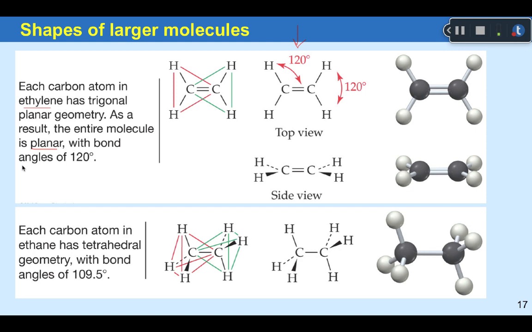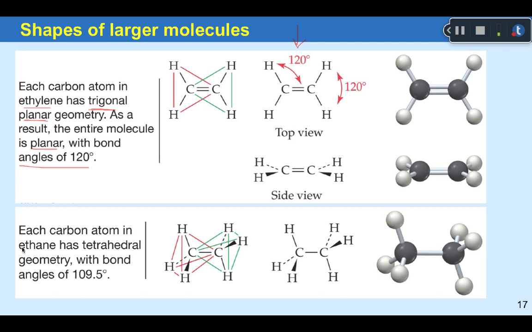The whole molecule is going to be planar with bond angles of 120 degrees. When you have 2 carbons with the same 120 degree angles and it's all trigonal planar, then the whole molecule is planar with 120 degree bond angles.